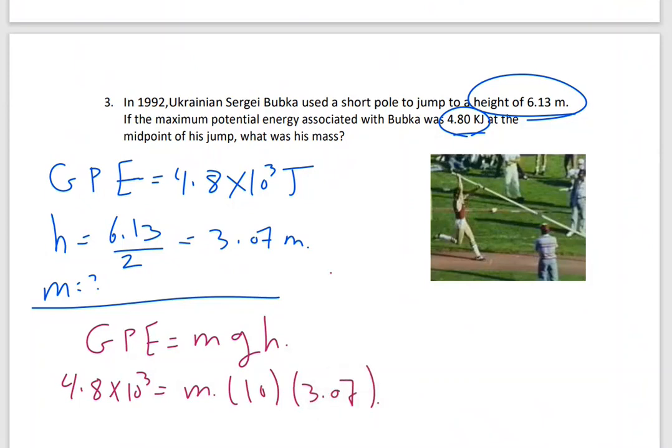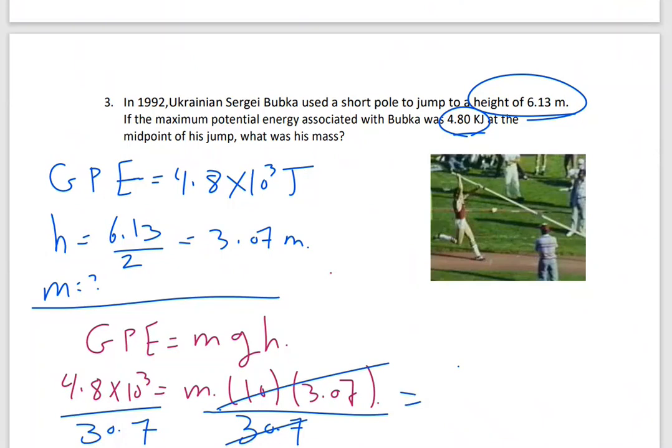So I divide both sides by 10 times 3.07, which gives 30.7. So the mass in kilogram will be 1.56 times 10 to the power 2 kilogram.